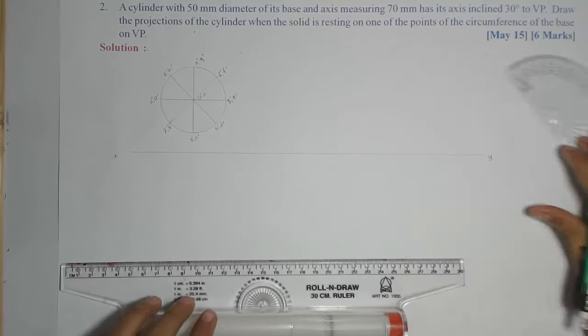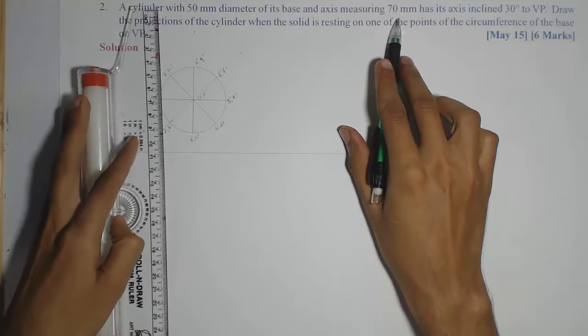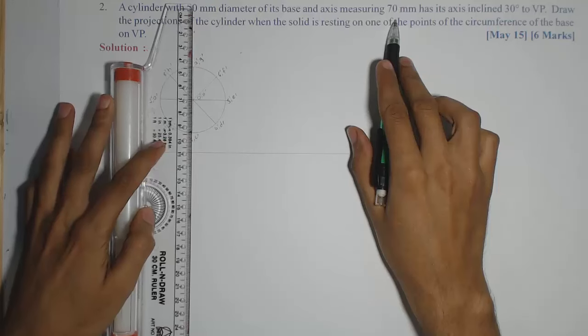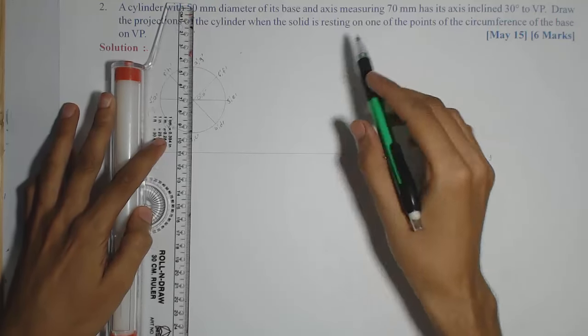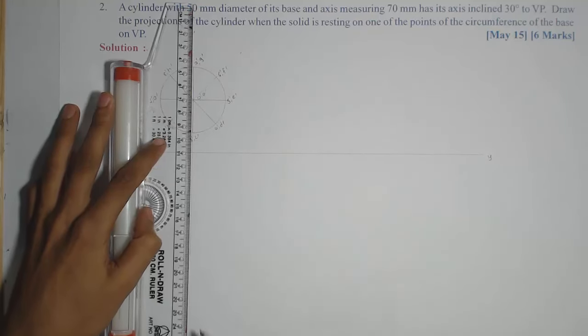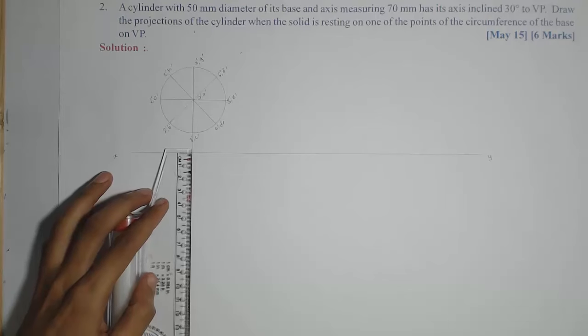Now we need to draw the axis of 70 mm. So the total height of the cylinder is 70 mm. So first we will project the axis vertically downwards, that is, the top view, and starting with the XY line, we will measure the axis length 70 mm.